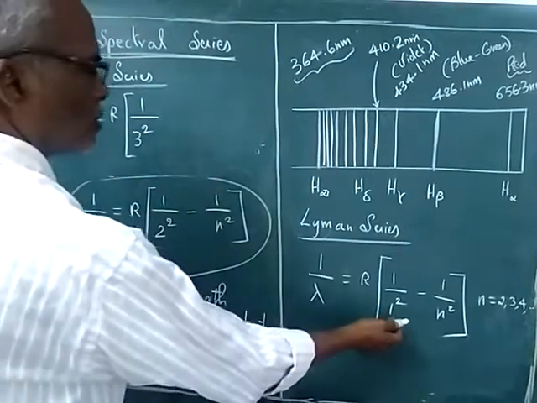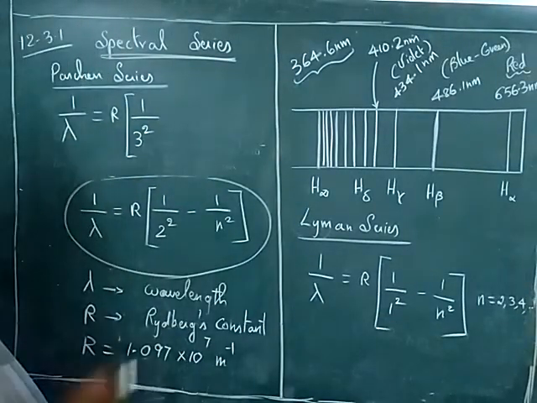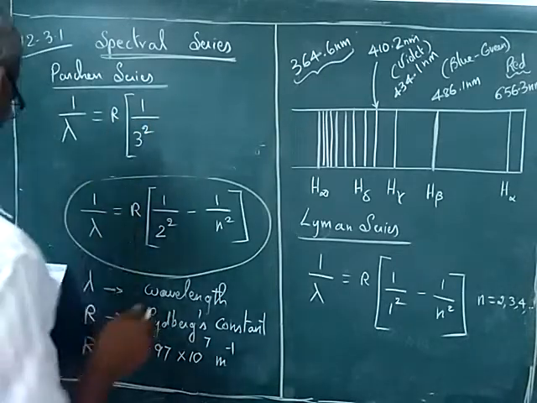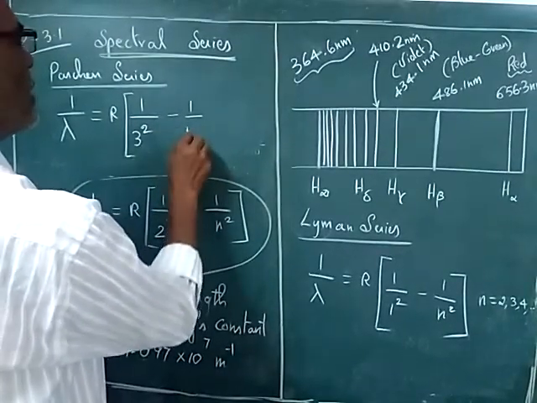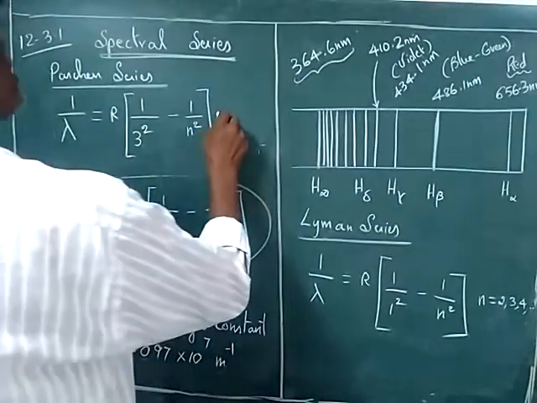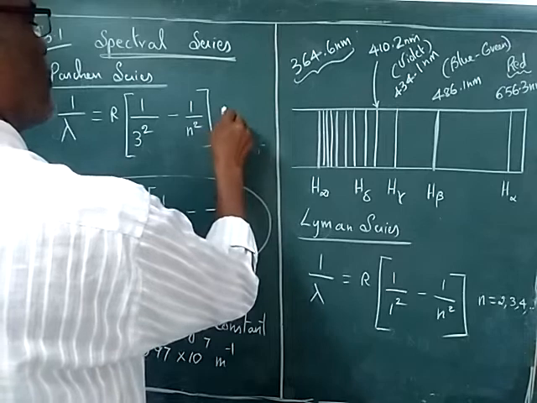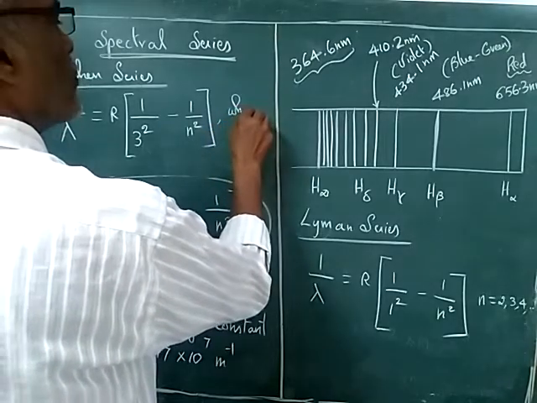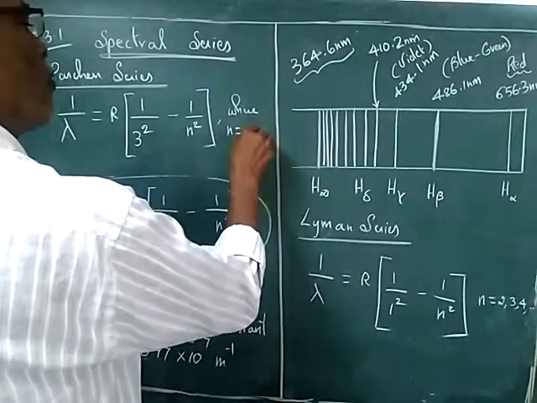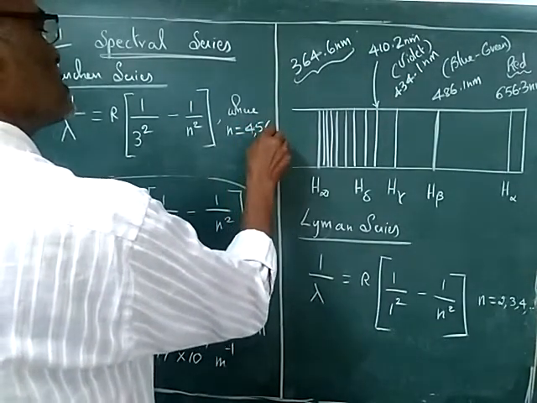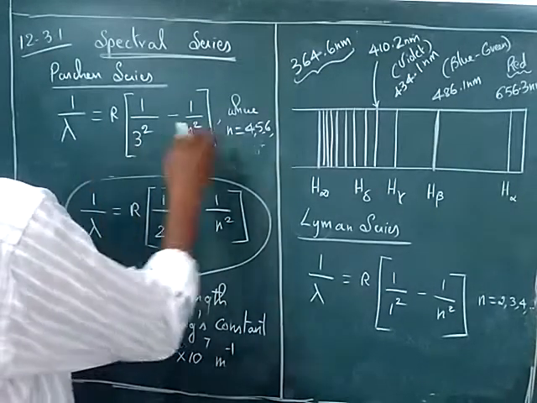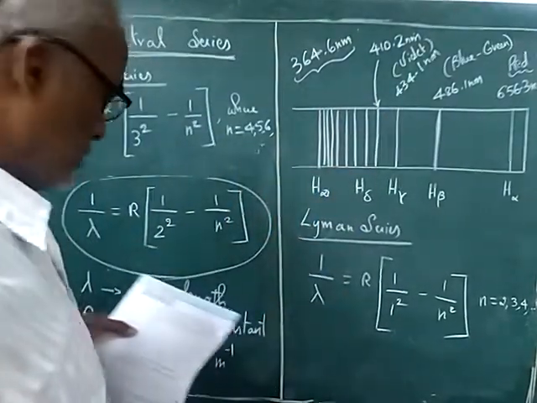So this is 1 square for the Lyman series, 2 square for the Balmer series, 3 square for the Paschen series. Here n is equal to 4, 5, 6, etc. Since we have 3, the n value starts from 4, 5, 6 and so on.